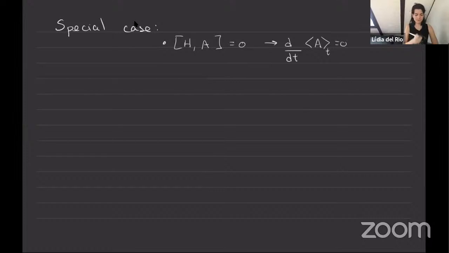In particular, if these two commute, then this means they share an eigenbasis, which means that all eigenvectors of A are going to commute with H, which means that not only this average will be 0, but also other properties of the observable will also not change in time. So in this case, we say that A is a conserved quantity. This is just the physicist term for it.